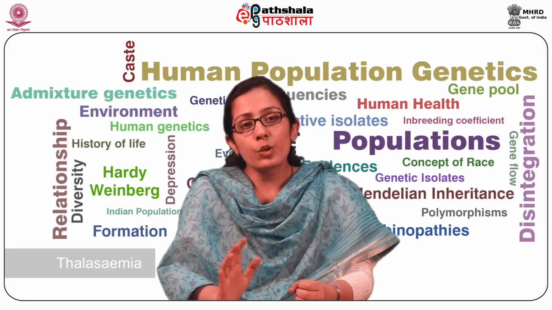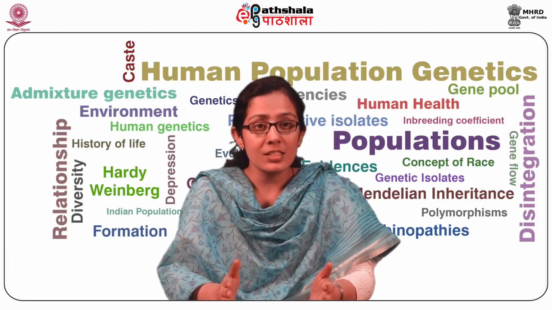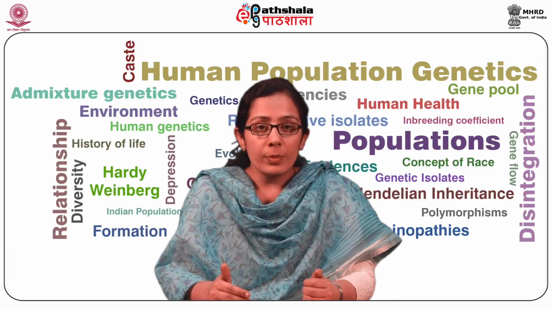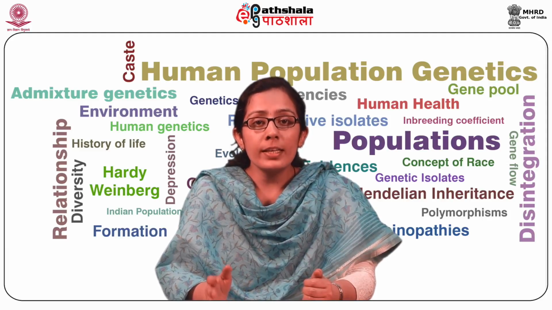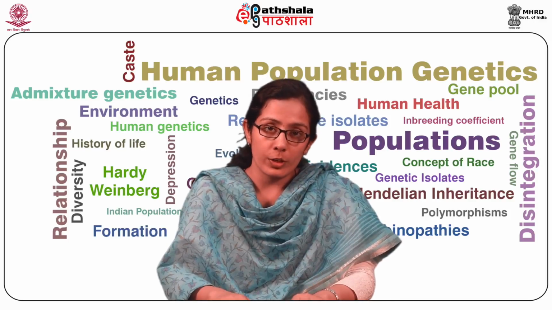Thalassaemia represents a group of hereditary disorders of hemoglobin synthesis with varying severity. The production of normal hemoglobin, that is HbA, is inhibited due to an anomaly in the orderly synthesis of one or the other peptide chains of the hemoglobin molecule.